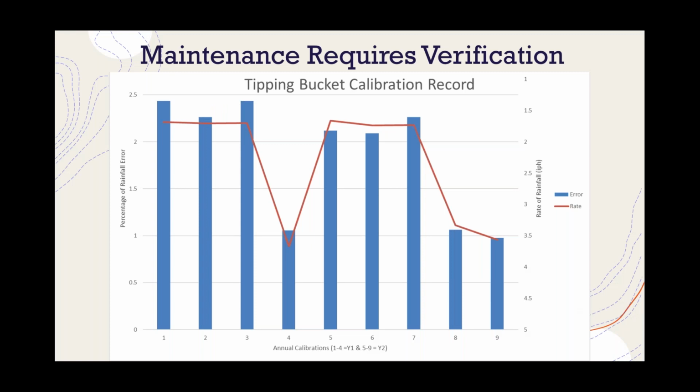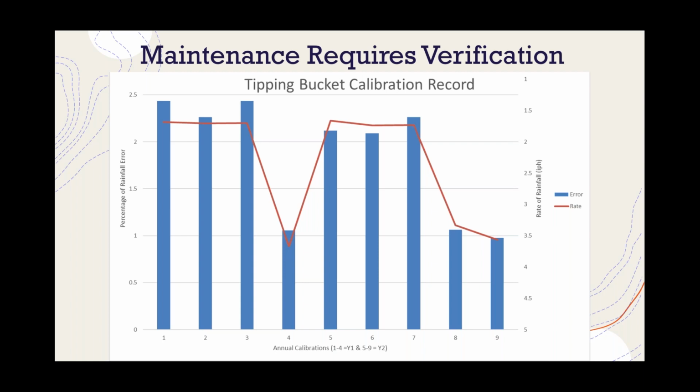Maintenance also, when you're doing rain gauges, requires verification, a tipping bucket calibration record. This graph here is actually over a 2-year period. The leftmost 4 vertical bars are showing the 4 calibrations that were done at different rainfall intensities in year 1.